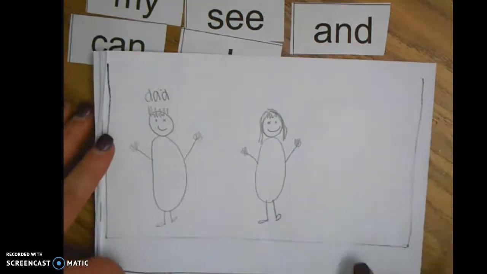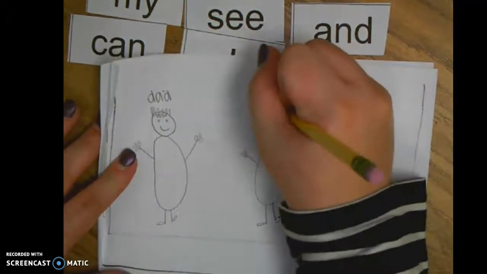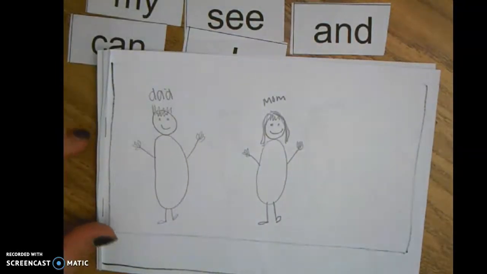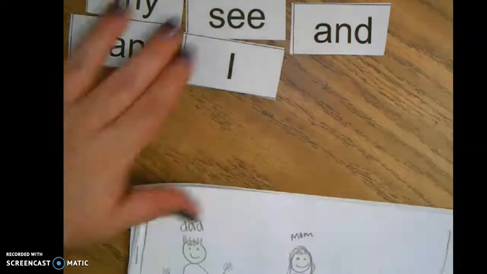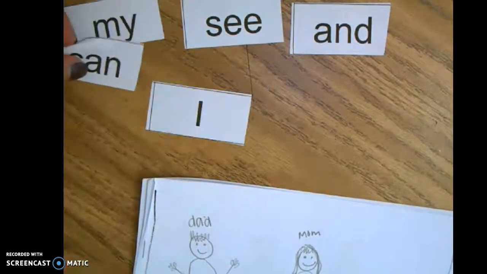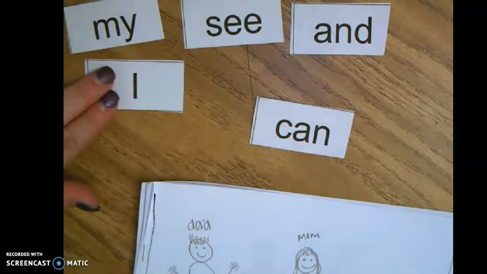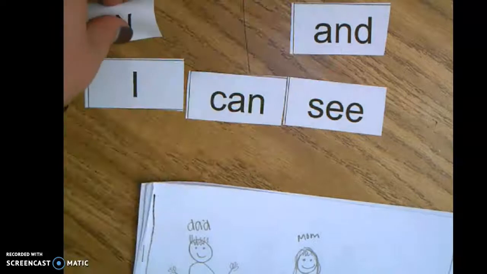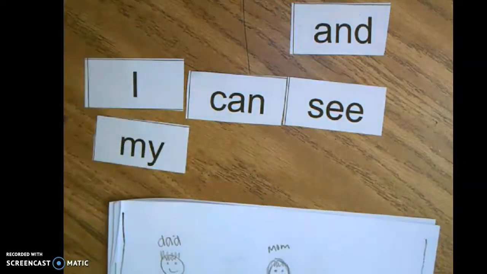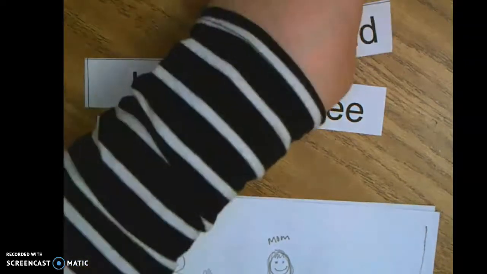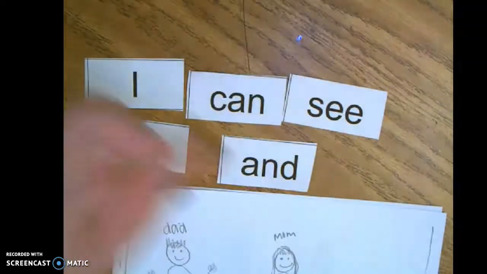Okay, so remember, on this first page, I wanted to talk about my mom and dad. So I'm going to use my sight words to make a sentence. I can see my... That's where I'm going to come in and write dad and mom.